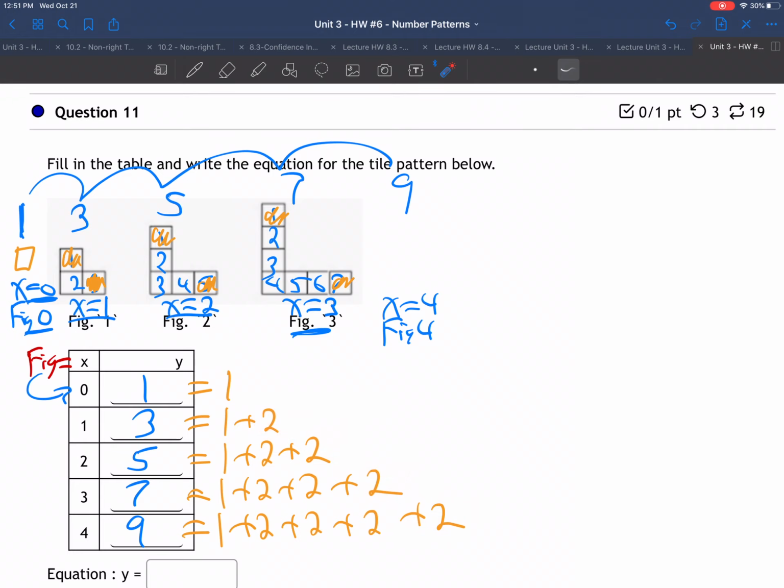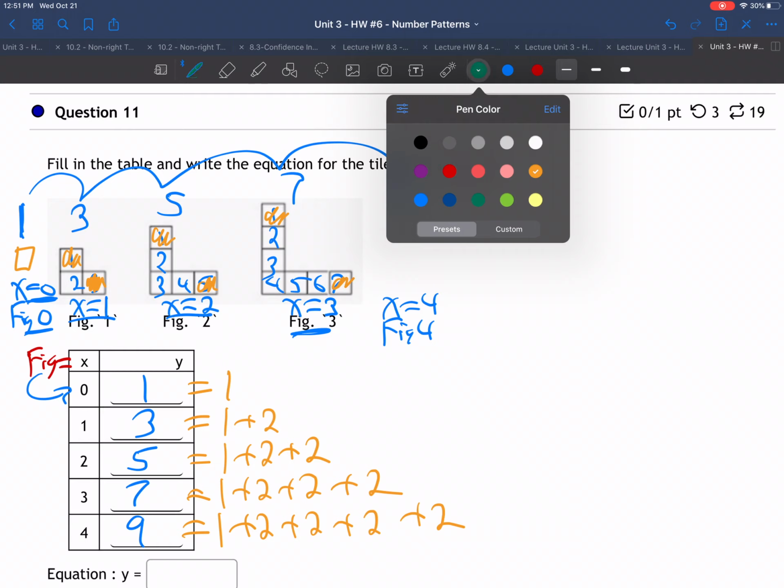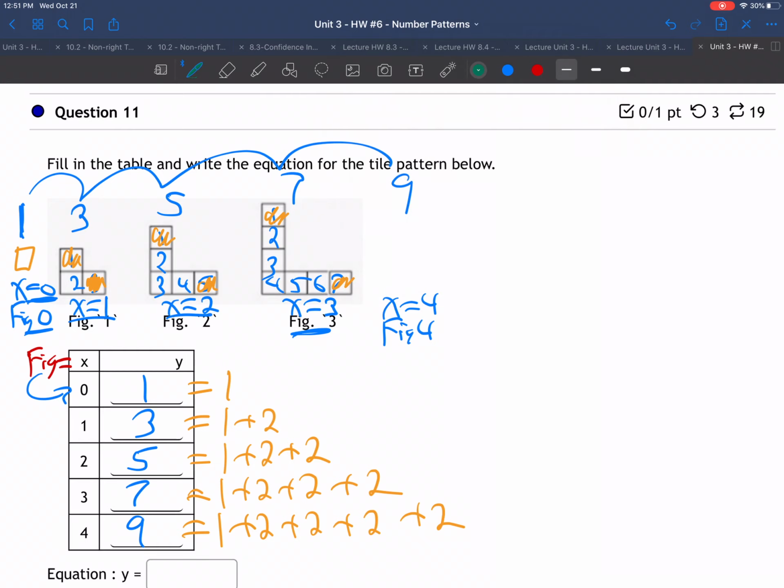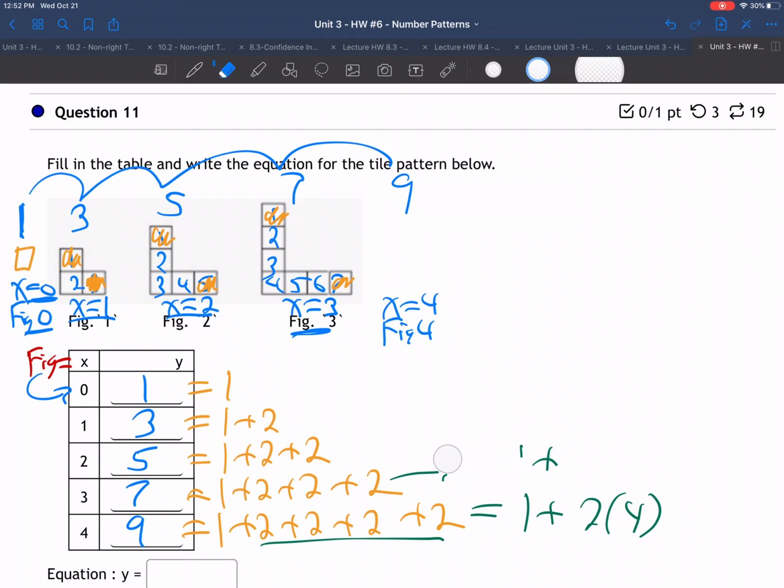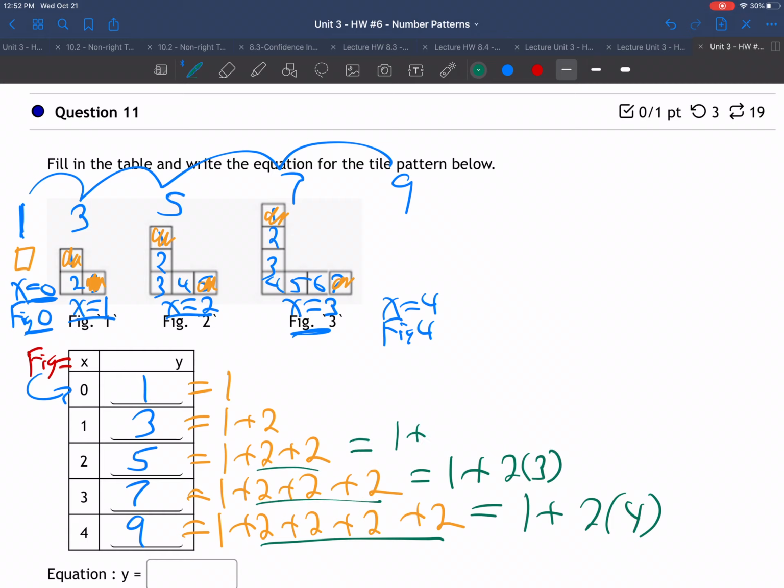Okay, great. So what? Well, if you think about it, this is 1 plus how many 2's? 1, 2, 3, 4 2's. And this one is 1 plus 3 2's, right? And this one is 1 plus 2 2's.